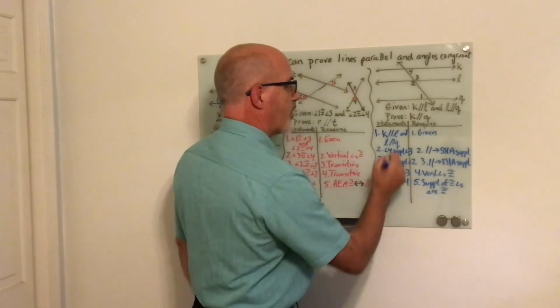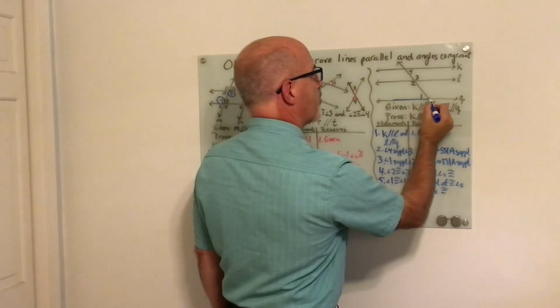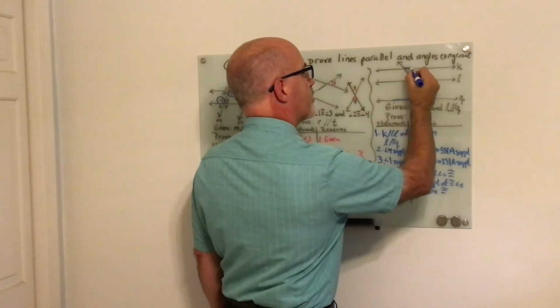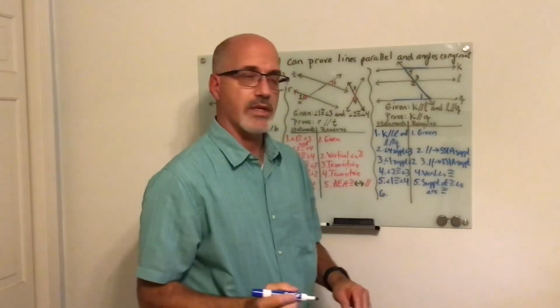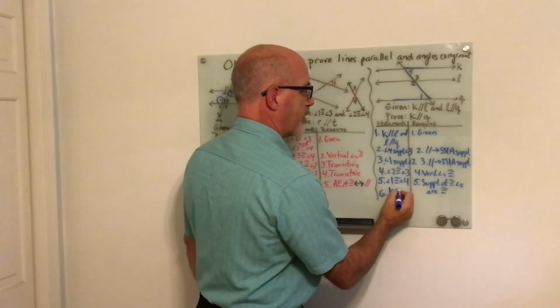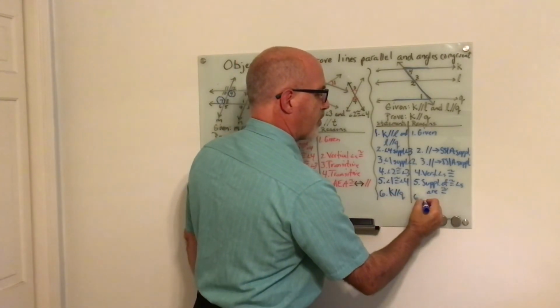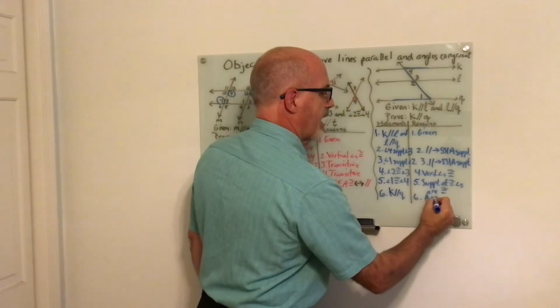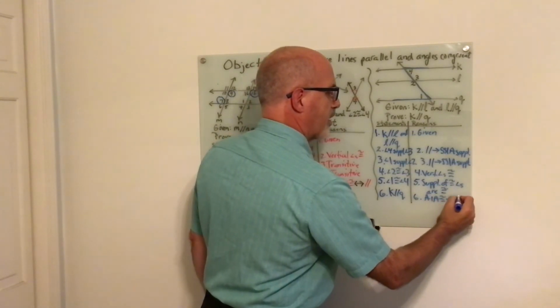Now, if you look at 1 and 4, I'm just going to draw it here because we have to ignore the middle parallel line. These two are alternate interior angles for the outside 2 lines. So I can now state that K is parallel to Q, and that's because if we've got alternate interior angles congruent, the lines are parallel.